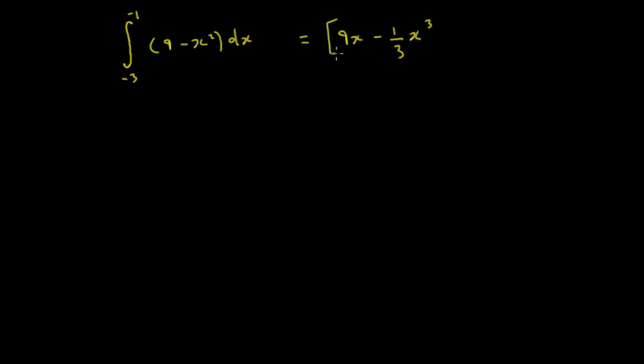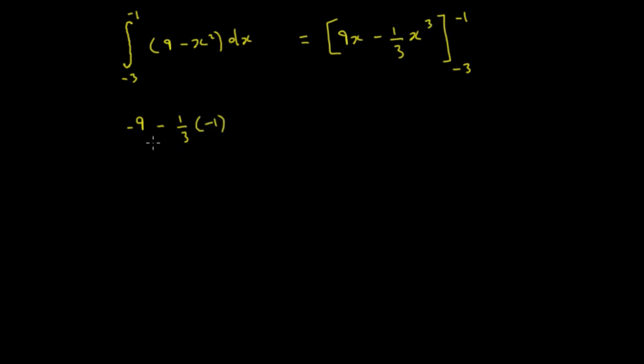And we're going to be integrating that between the limits of minus 3 and minus 1. So we put the values in for x. So when x is minus 1, we're going to have minus 9, and we're going to have minus 1 upon 3 times, well, minus 1 cubed is minus 1.